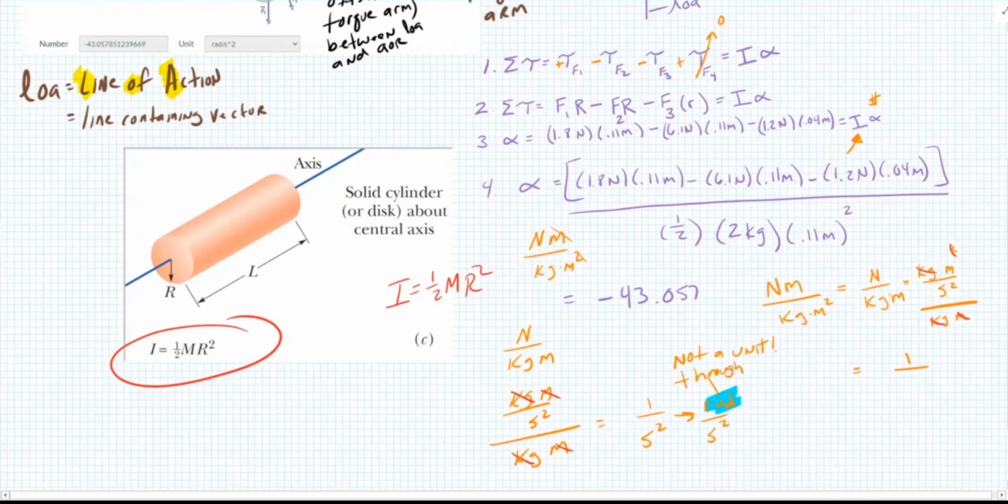Because of the context. I'm dealing with a calculation that's spitting out angular acceleration, so I would expect this, and I add that radian. All right, so again, lots of quality time on dimensional analysis, and we get the right answer too.